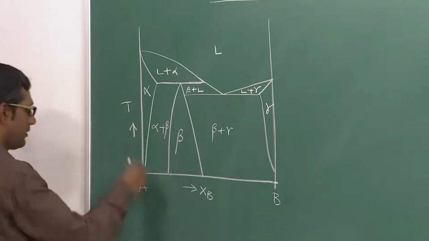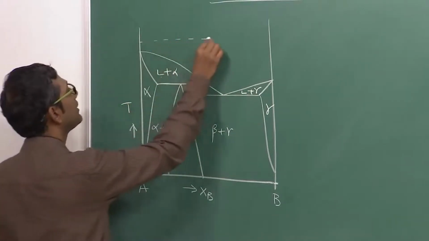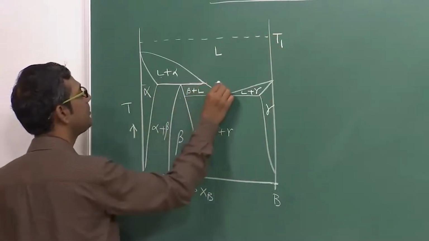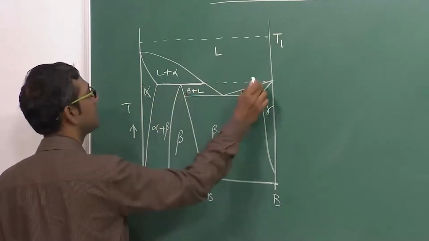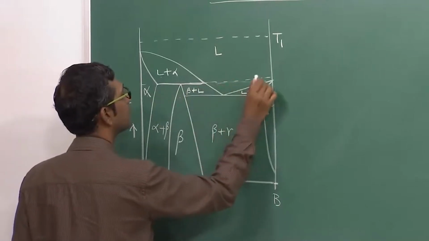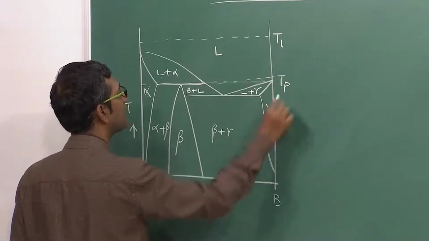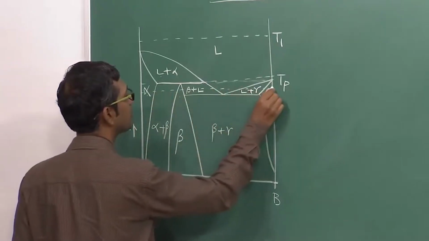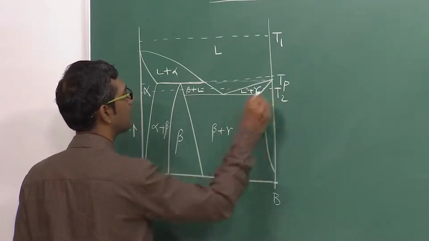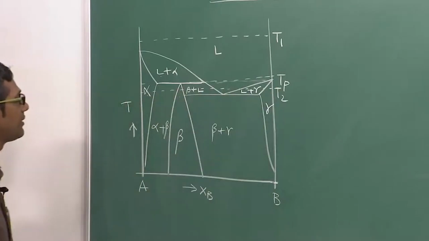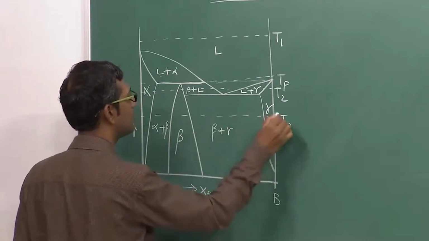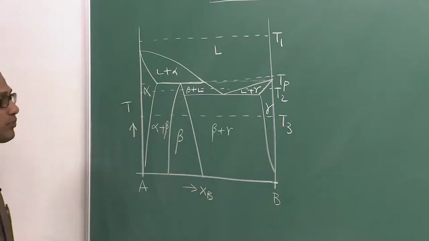Now let us draw the free energy composition diagram at different temperatures, and this is Tp, the peritectic temperature. Then we will draw another one here, which cuts through many of the phase fields, and then another one here. So for the 4 temperatures we are going to draw the free energy composition diagram.